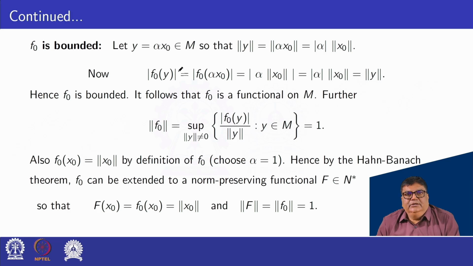Dividing by norm y on both sides and using this formula for bounded linear functional, supremum of mod f0 y upon norm y is norm f0. So if you divide this equation by norm y, we have norm f0 on the left side and 1 on the right side.